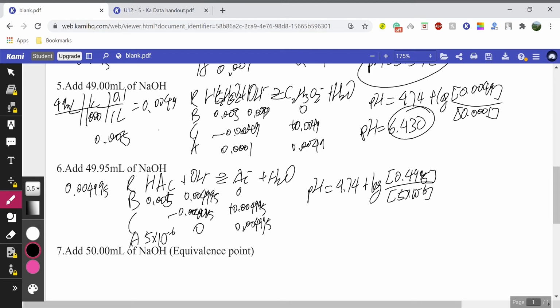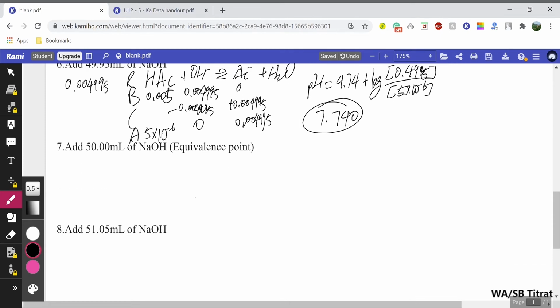So same equation, 4.74 plus the log of 4995 on top, and on the bottom, 5.0 e to the negative 6. Which will give you 7.739, 7.740.